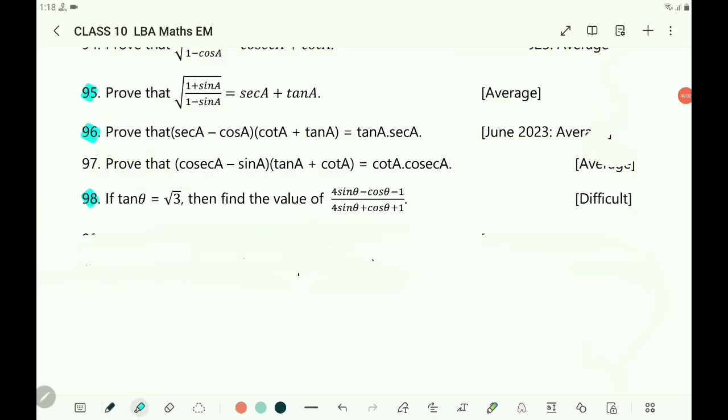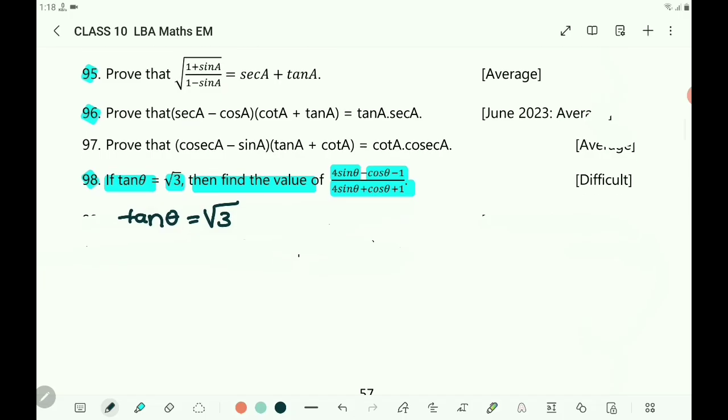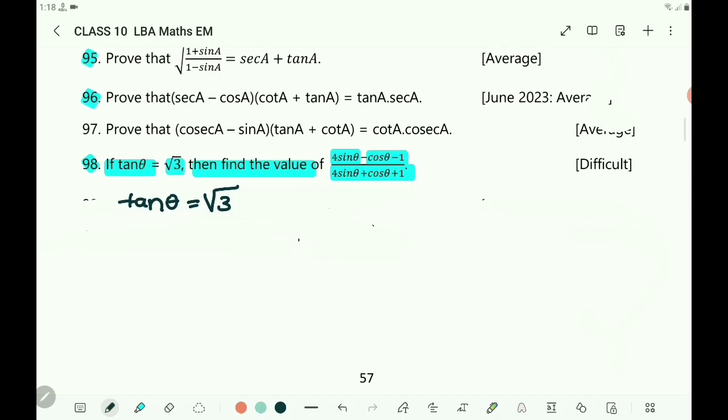Question number 98. If tan theta is equals to root 3, then find the value of 4 sin theta minus cos theta minus 1 by 4 sin theta plus cos theta plus 1. Here you take the given, what is given? Tan theta is equals to root 3. Here we have to find the value of theta first.